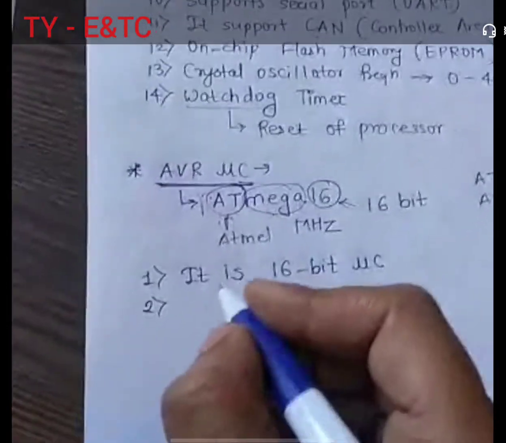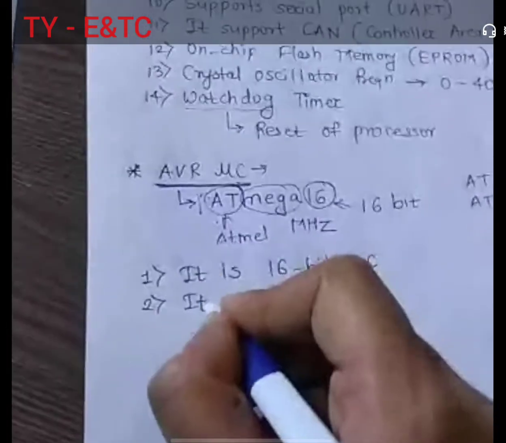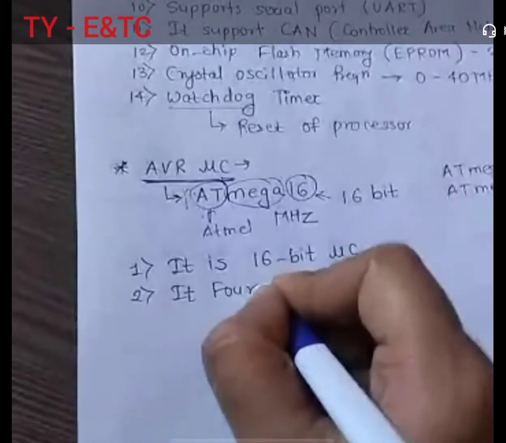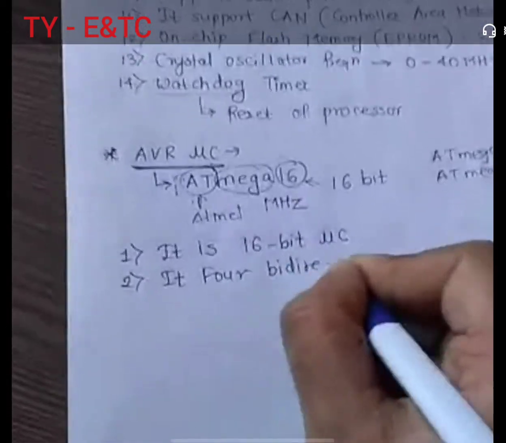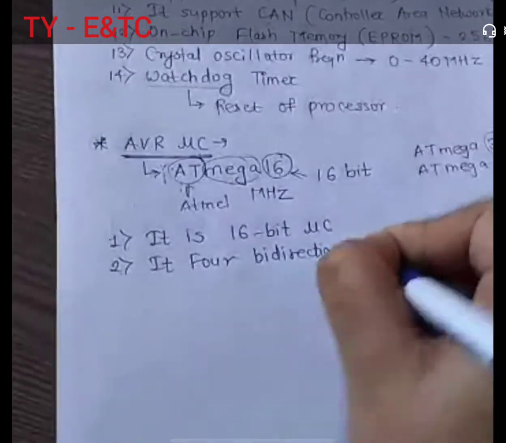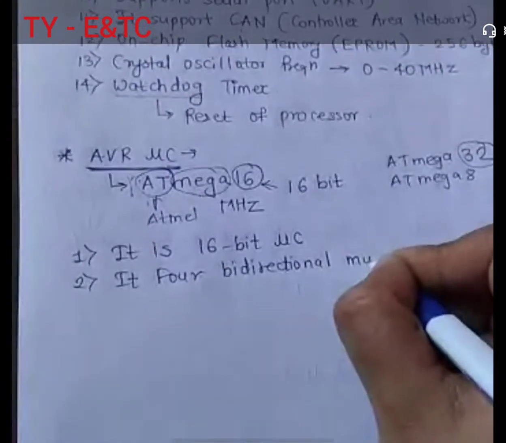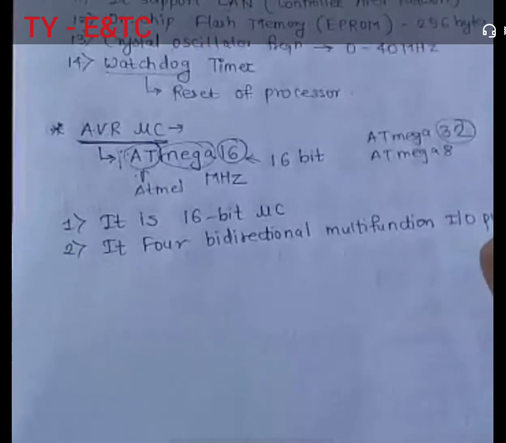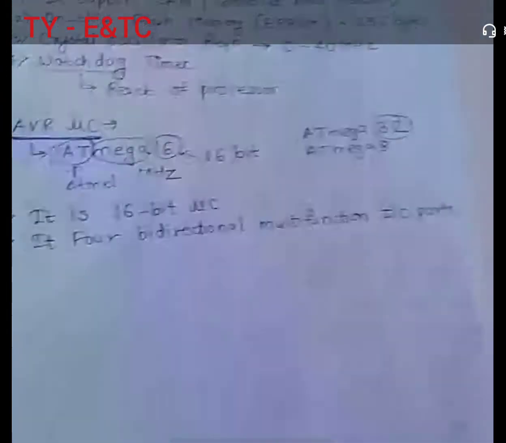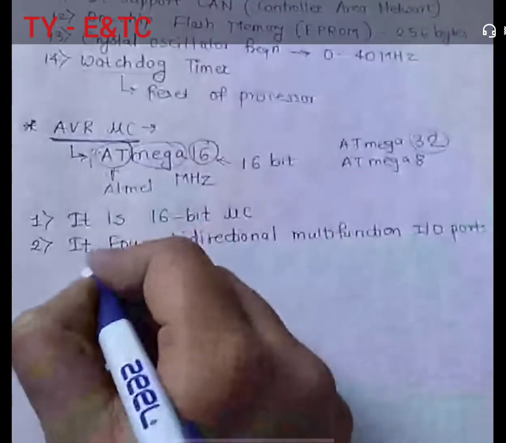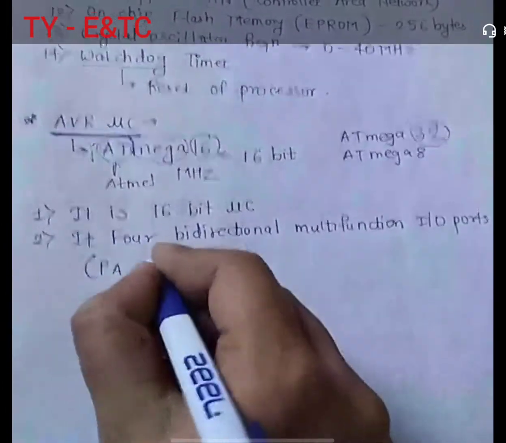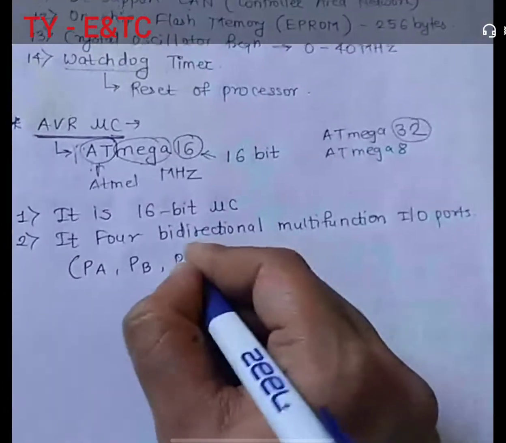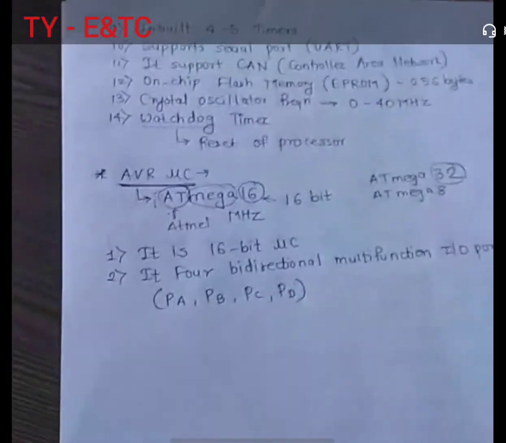Second feature is that it has again 4 bidirectional multifunction input output ports. Here the names of the ports are port A, port B, port C, and port D. How many ports are there in this?